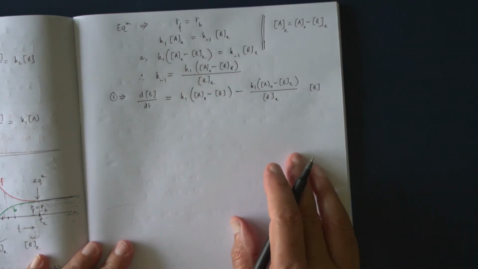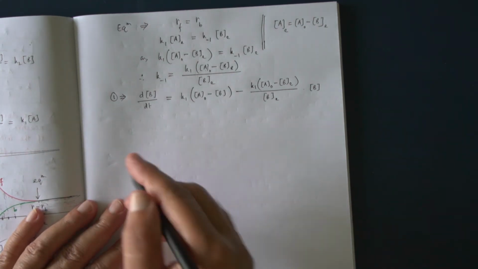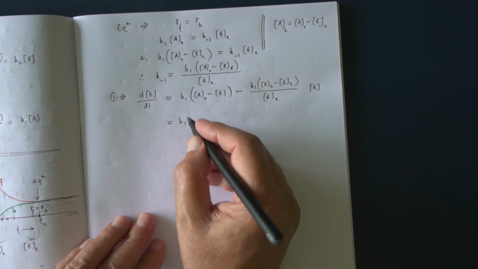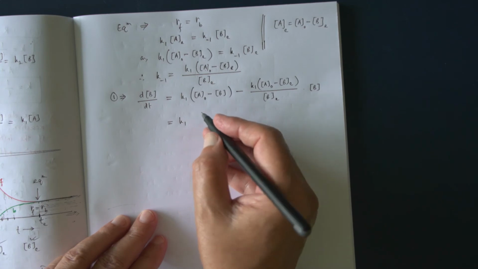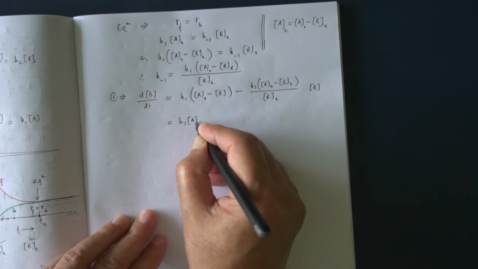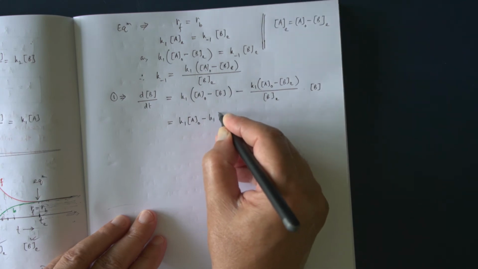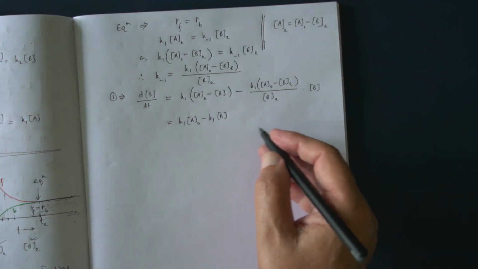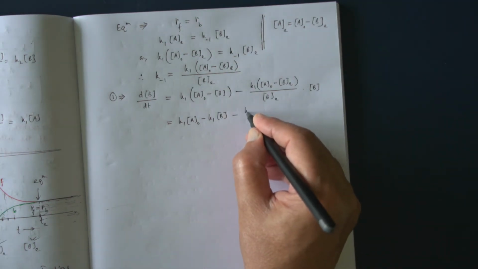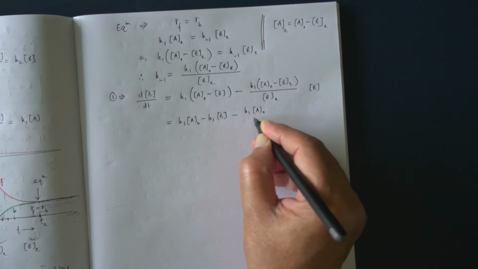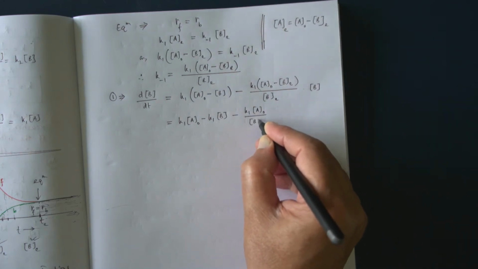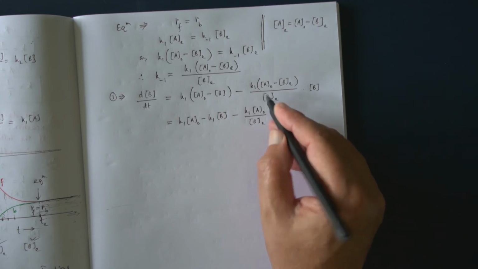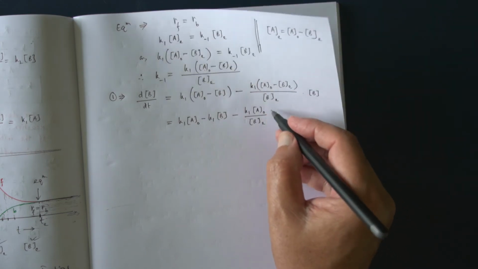Now just simplifying, we can simplify this. This is equal to k1 a naught minus k1 b, then minus k1 a naught by b, then minus minus plus, just multiplying into b.